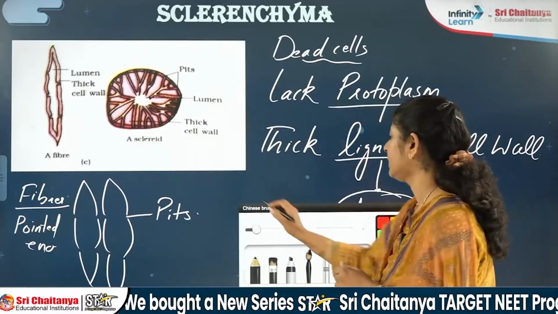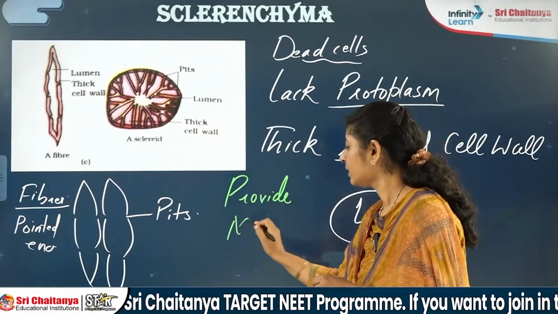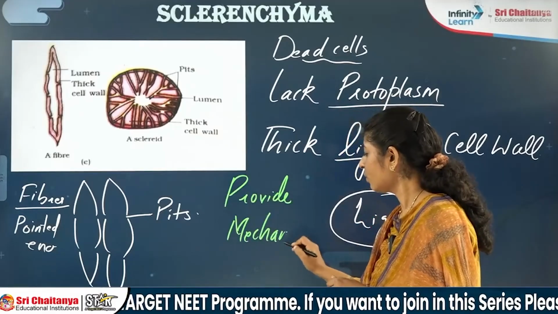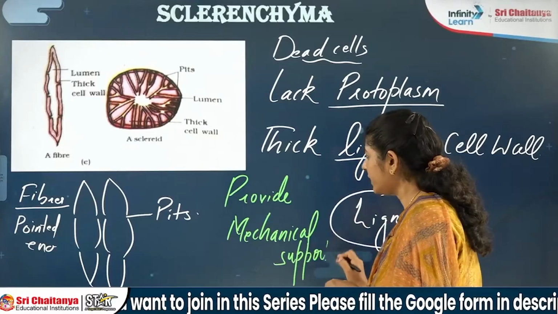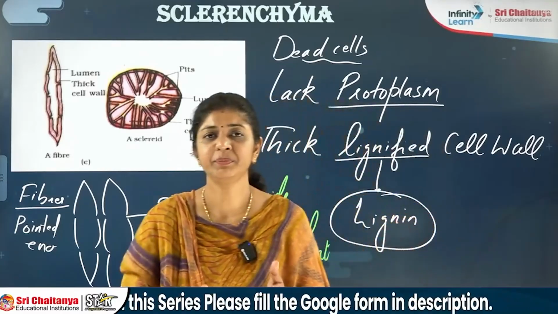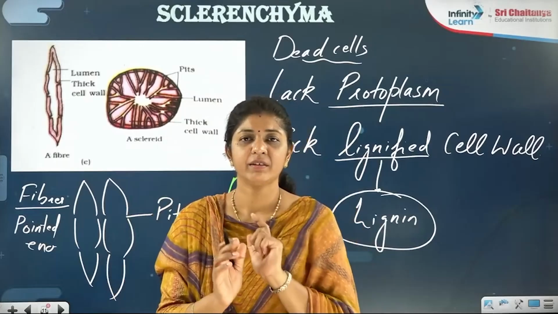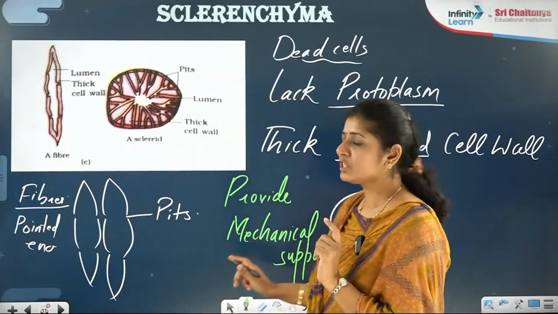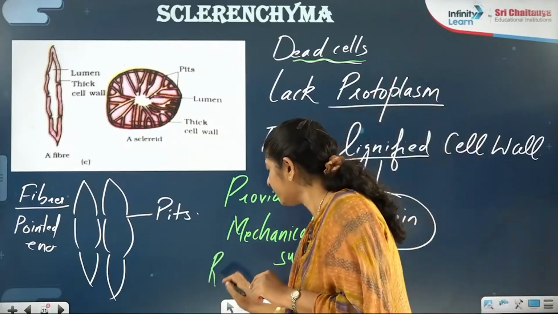What is its function? Can I say it will provide mechanical support? See, mechanical support is even provided by whom? Mechanical support is even provided by the, you can say collenchyma. But collenchyma are living. This is even for mechanical support, but they are dead cells. But it is providing rigidity.